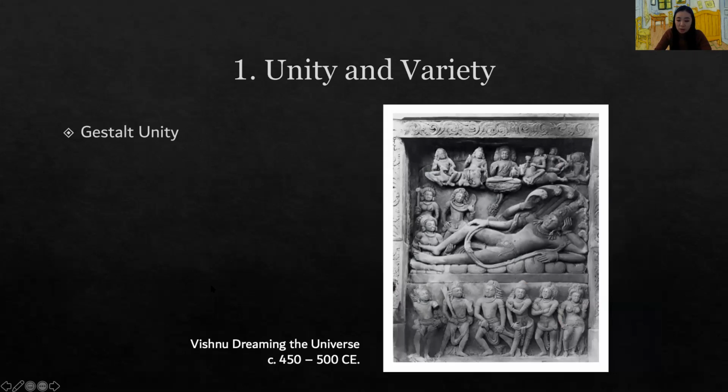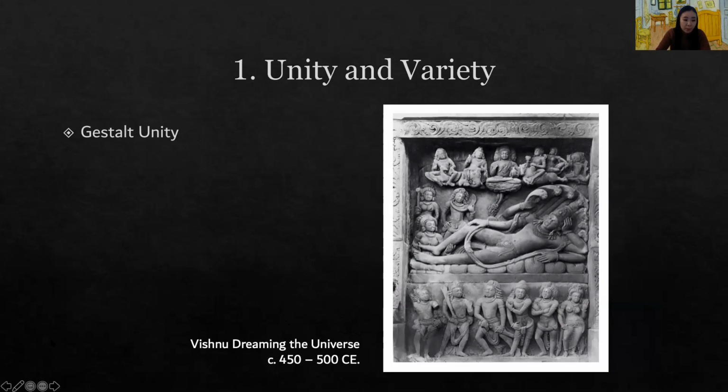And the Gestalt unity. Gestalt, a German word for form or shape, refers to a work of art in which the whole seems greater than the sum of its parts.